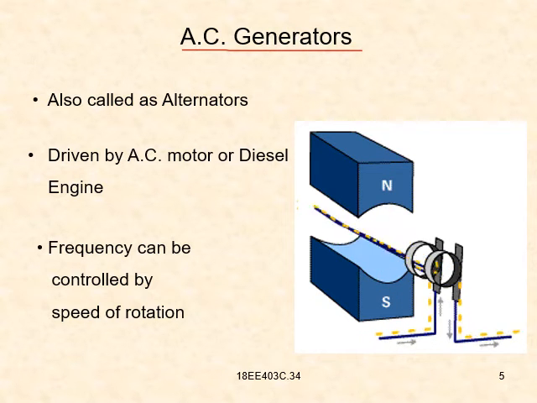This is the North Pole and this is the South Pole, and there is a conductor rotating in between these two poles, cutting the magnetic field from north to south. According to Faraday's law, whenever a conductor is placed in a magnetic field and cuts the magnetic field, an EMF is induced in that conductor.